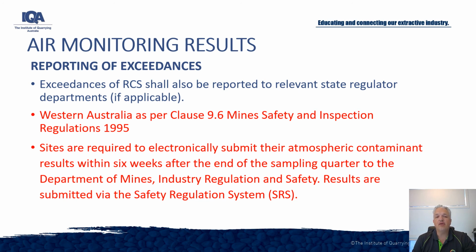The sites are also required to electronically submit their atmospheric contaminant results, not just the exceedance but all results, within 6 weeks after the end of the sampling quarter to the Department of Mines, Industry Regulation and Safety. More information on the sampling requirements as well as the submission of results can be found on the DMIRS website by searching for reporting results of atmospheric sampling.